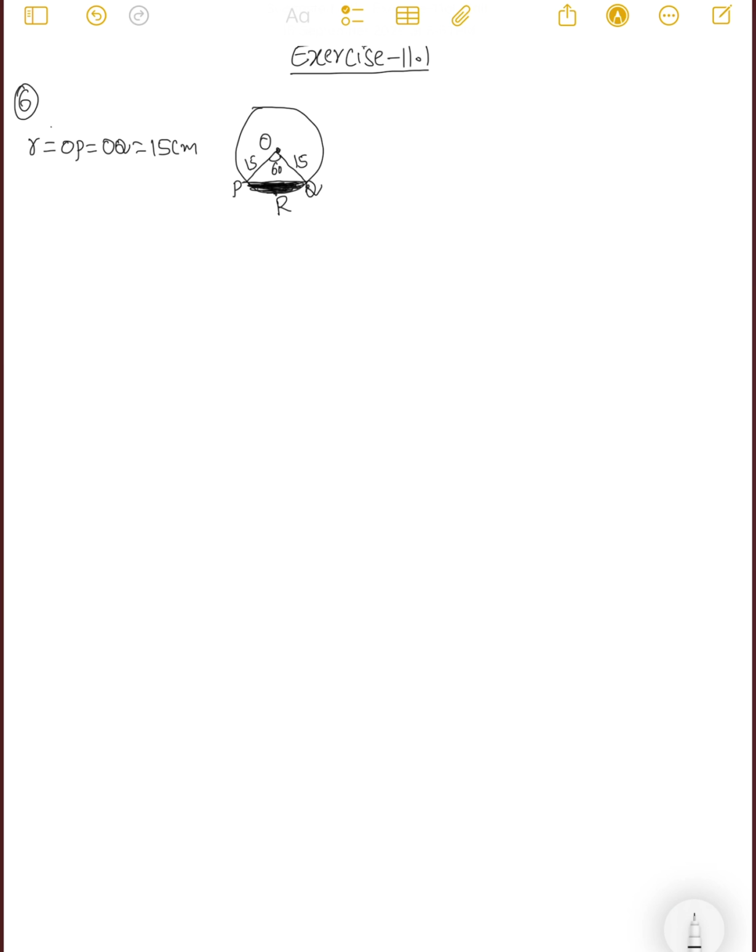Therefore, area of sector OPRQ equal to, we know the area of sector formula, theta by 360 into pi r square. In this problem, given theta is 60 degrees. So 60 by 360 into pi.